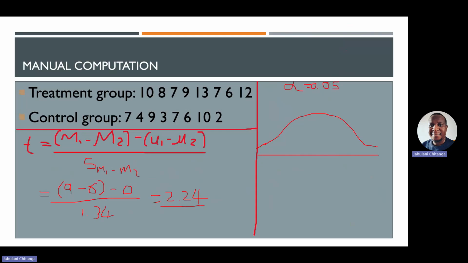When the question just says test if there's a significant difference between the two groups, you make use of two-tailed testing. But when the question mentions that the control group is going to have higher scores than the treatment group, or vice versa, you make use of one-tailed testing.